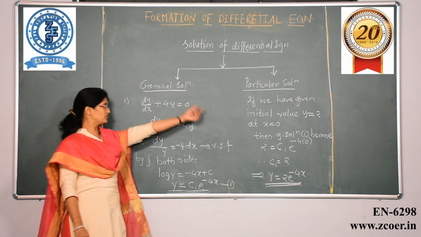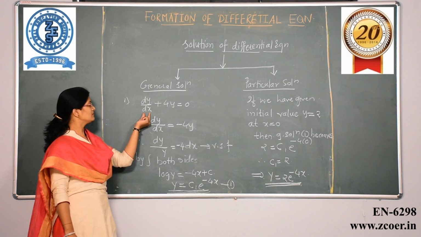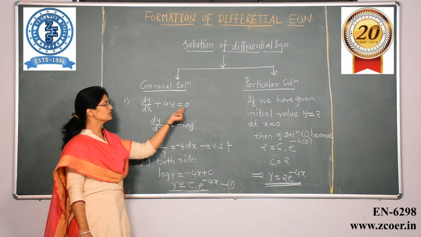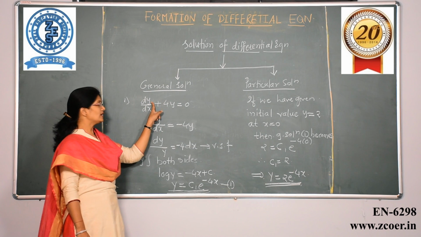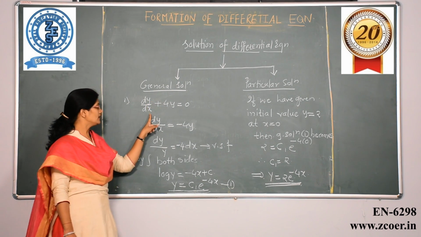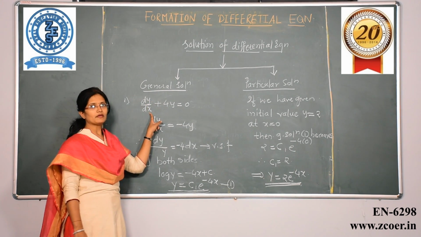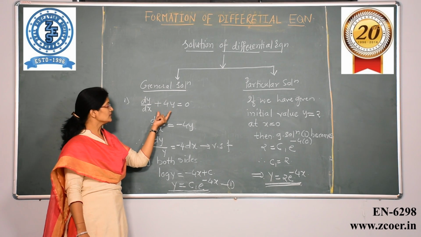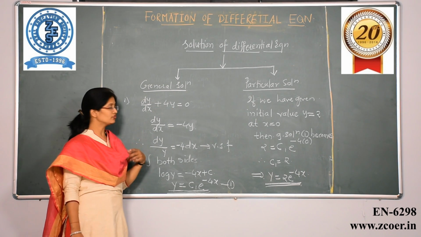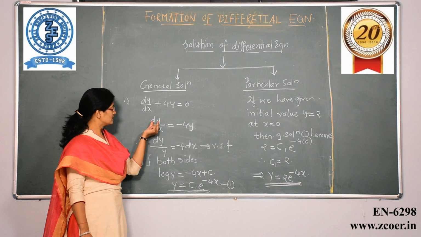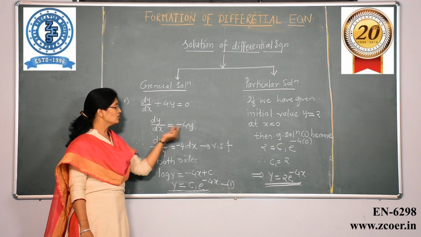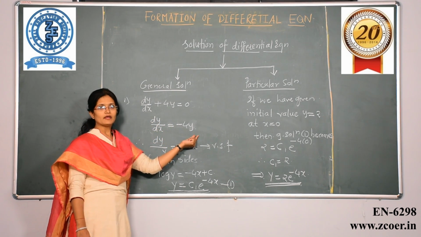Now look at this differential equation, dy by dx plus 4y equals 0. Here you know that y is the dependent variable and x is the independent variable. Now we can solve this first order first degree differential equation by writing it as dy by dx equals minus 4y.